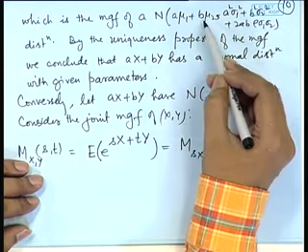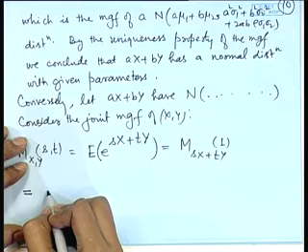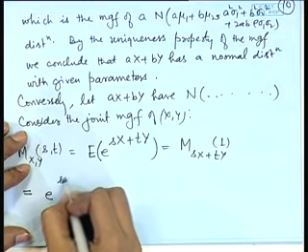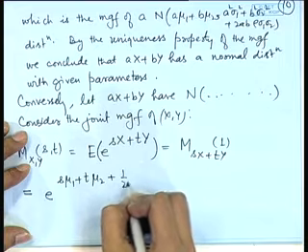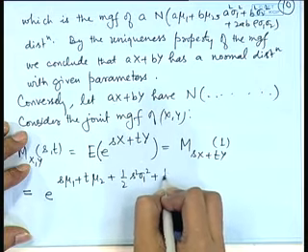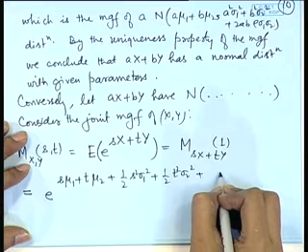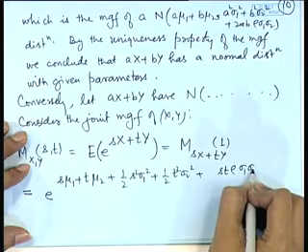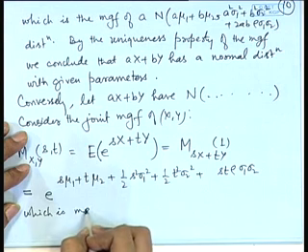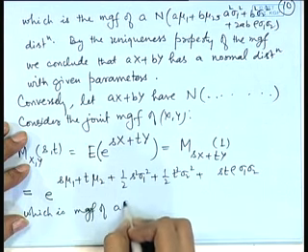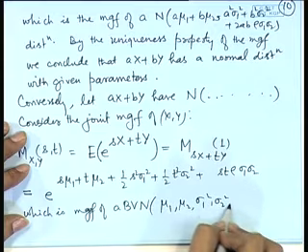So, since the MGF of the normal distribution is known, we substitute this here and it becomes equal to e to the power s mu 1 plus t mu 2 plus half s square sigma 1 square plus half t square sigma 2 square plus st rho sigma 1 sigma 2, which is the MGF of a bivariate normal distribution with the parameters mu 1, mu 2, sigma 1 square, sigma 2 square and rho.